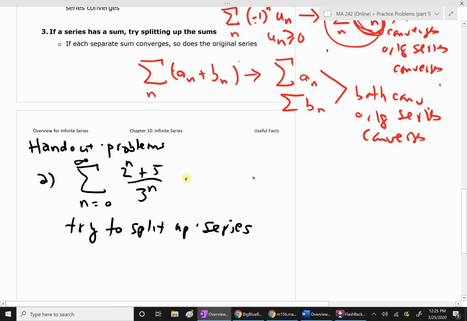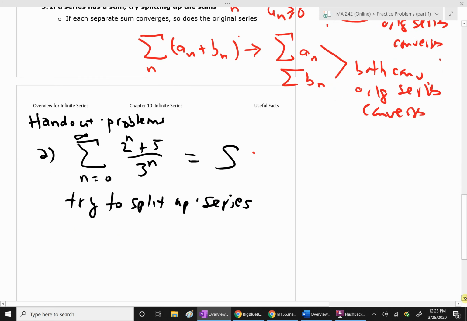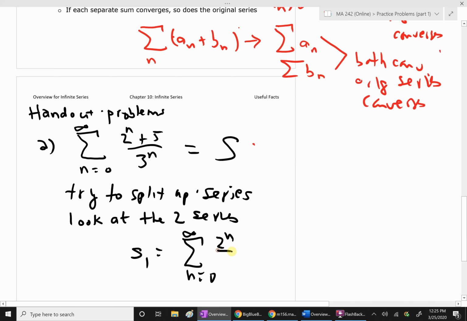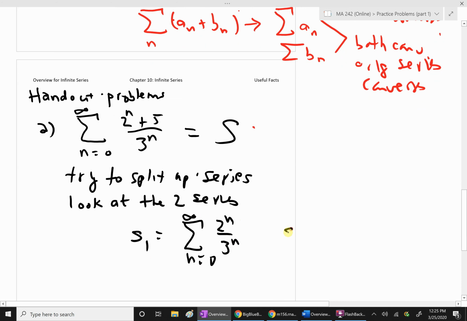In the same way that I called integrals S, I'm going to call this S. What I'm going to do is look at the two series, and I'll call the first one S1 and the other one S2.